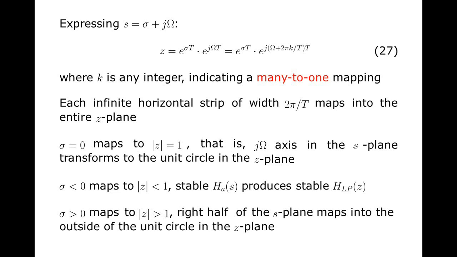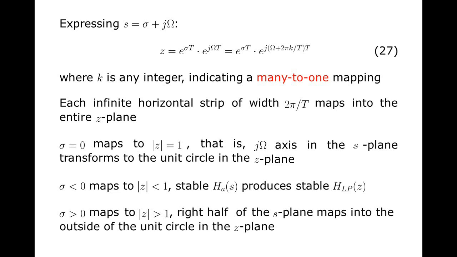See the mapping: when sigma, that is the real part, is 0, the absolute value of z equals 1. Real part 0 means only the imaginary axis j omega, and it is mapped in the Z plane onto the unit circle. So that is the first mapping. When sigma is less than 0, the absolute value of z is less than 1, that is a stable system, and a stable transfer function H(s) produces a stable digital transfer function H_LP(z).